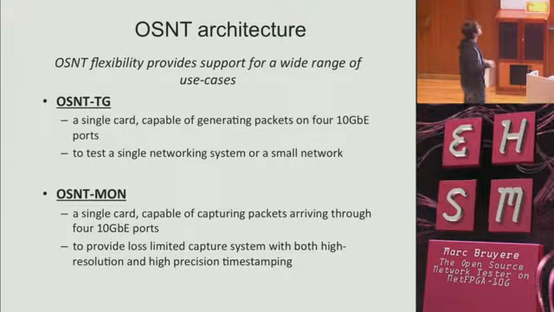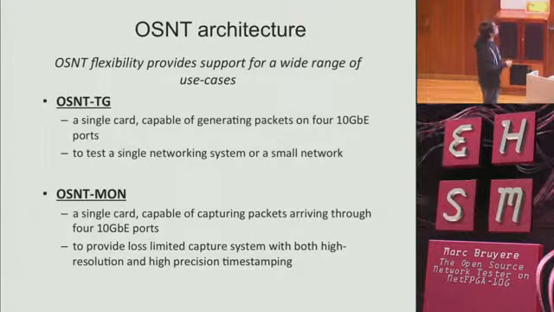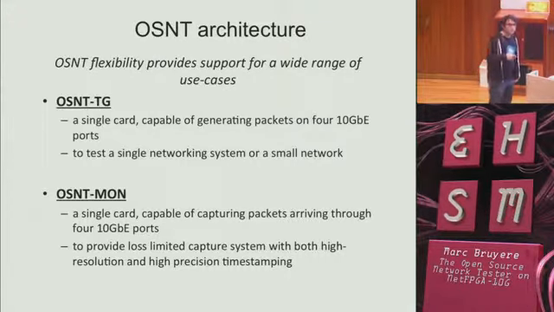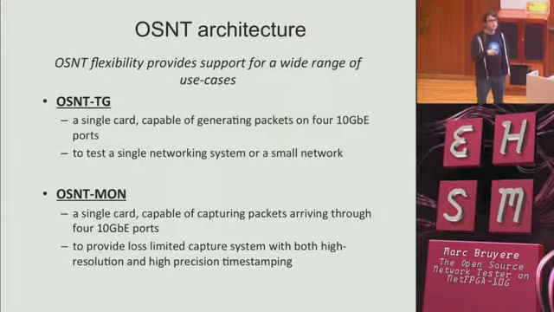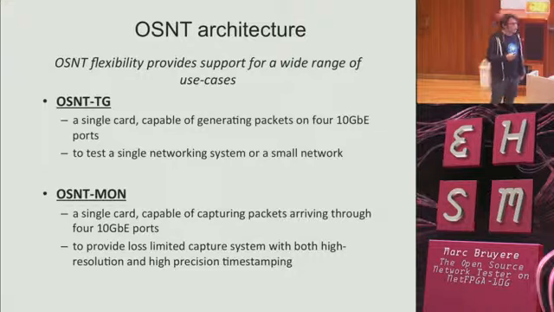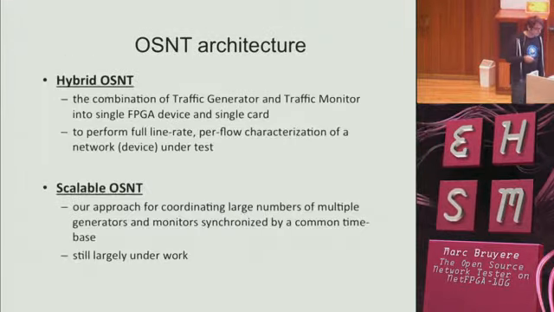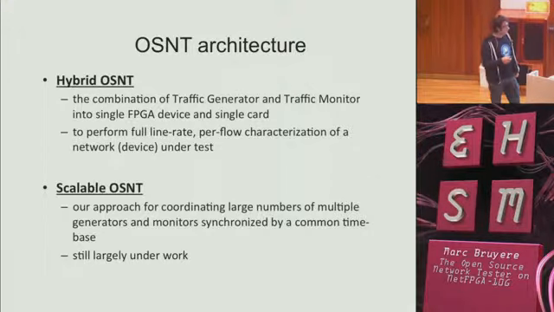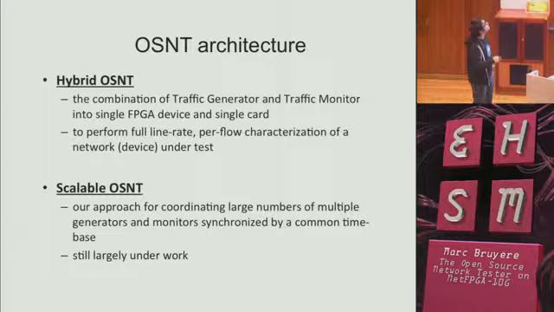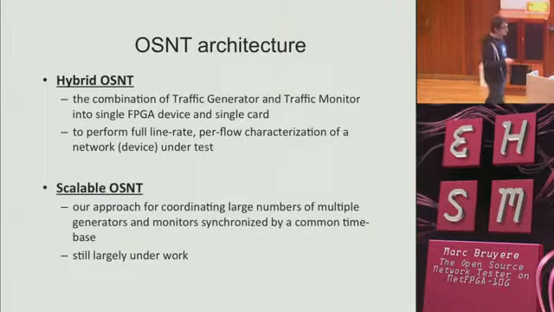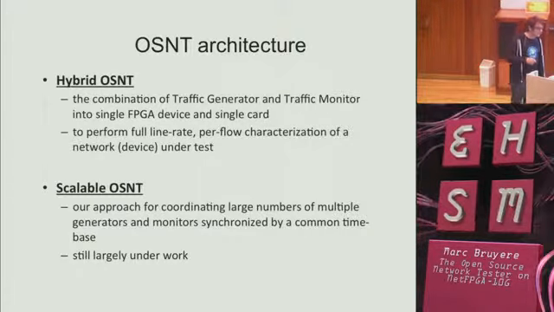The monitoring part is designed to capture packets, timestamp or filter some packets out of the 10 gig pipe, and cut or hash the packets. The hybrid is actually the join of the two projects. Then we're going to look into the details after this.